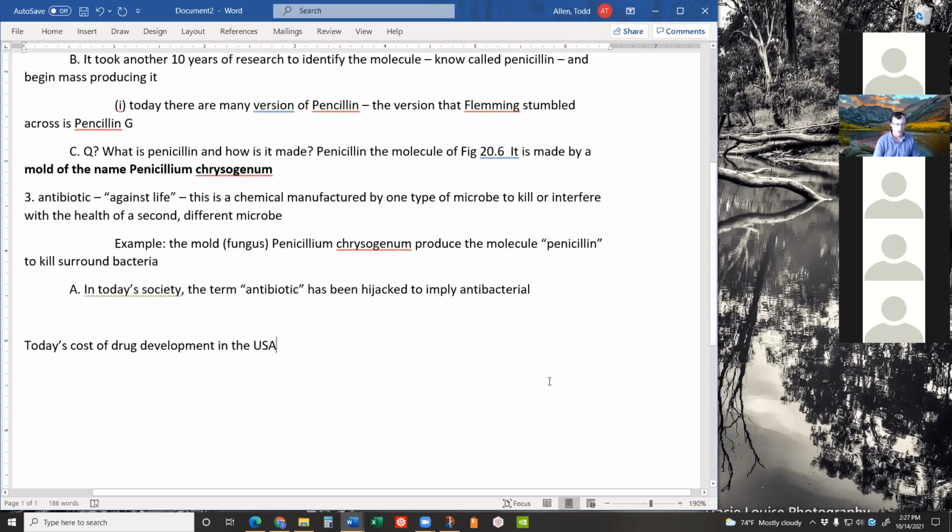Okay, today's cost of drug development in the USA. And we're going to share some numbers with you that may or may not surprise you. But at any rate, hopefully some of the things we're going to say kind of upset you, because it is upsetting. Okay, so I'm going to just put a couple quick questions into the chat window here.